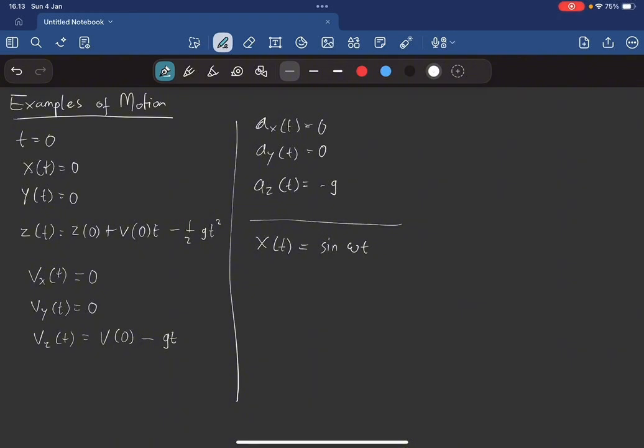The larger omega, the more rapid the oscillation. This kind of motion is called simple harmonic motion. So the graph looks like this.